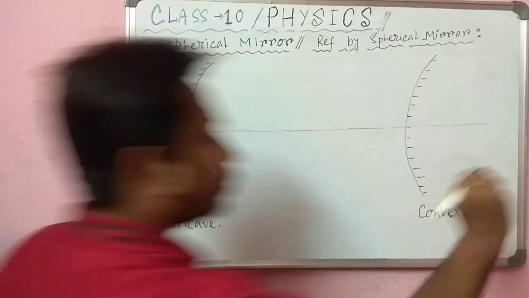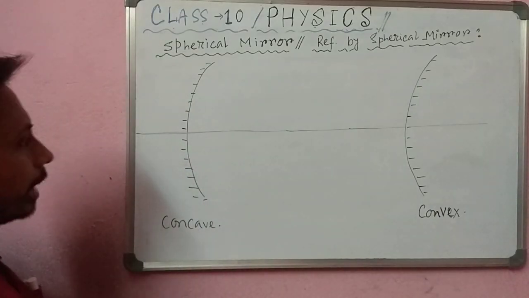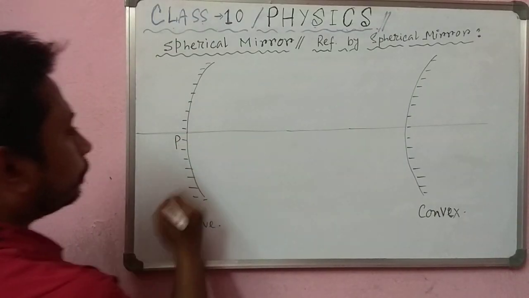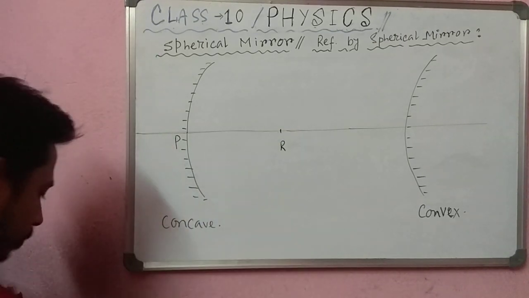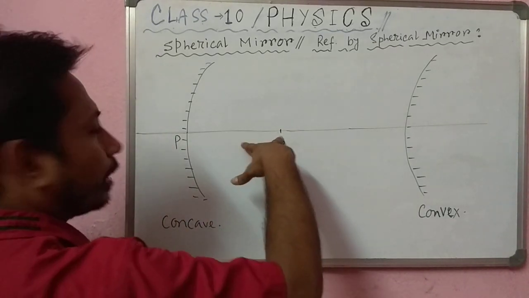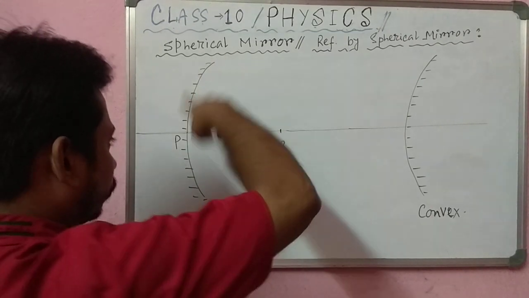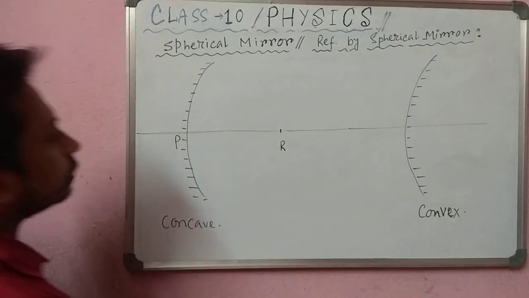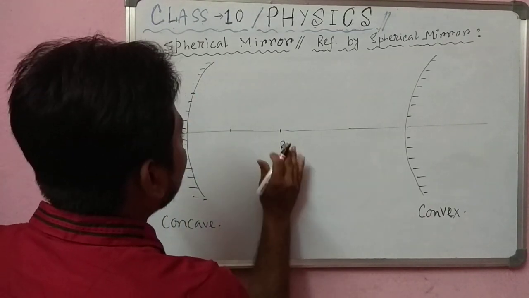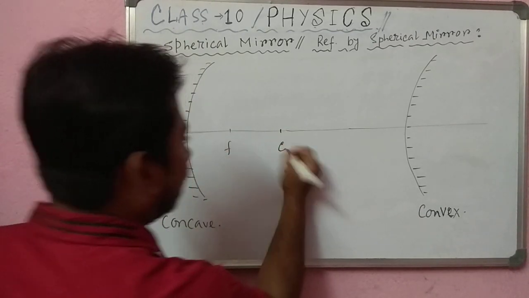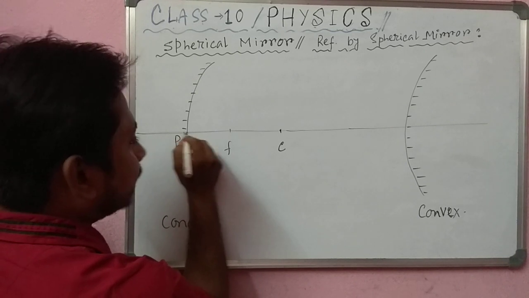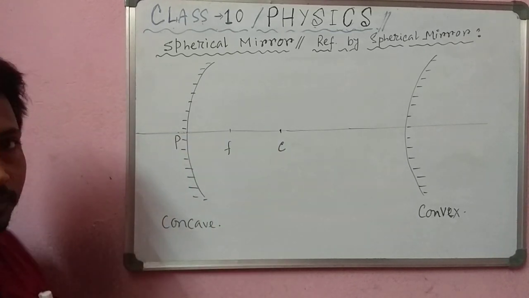I think you understood. Now this point is called pole, and think this is the radius of curvature. From this point, you put your compass and draw the sphere. Think this is the focus. So this is the center of curvature, and the distance from P to C is called the radius of curvature.